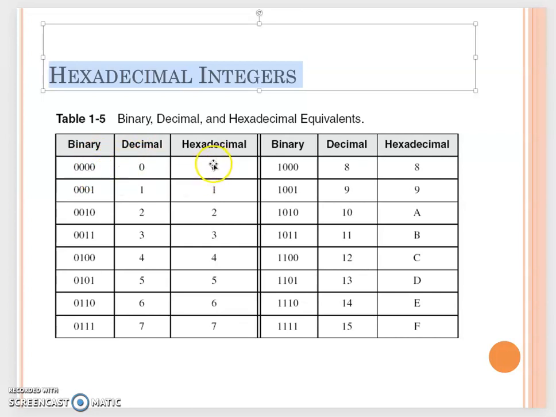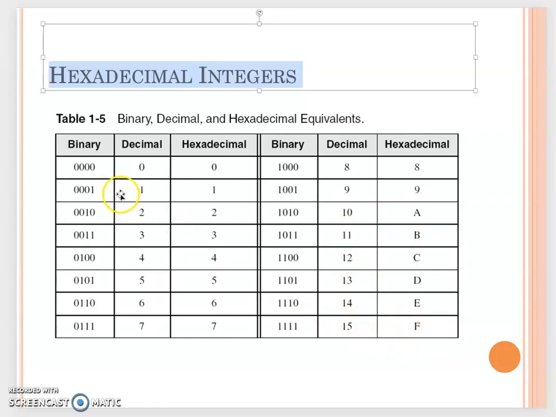Hexadecimal is the same thing, 0. When the decimal value is 1, the binary is 0001, and hex is the same. From decimal 0 to 9, hexadecimal represents the same thing, but from 10 to 15, we use A to F.